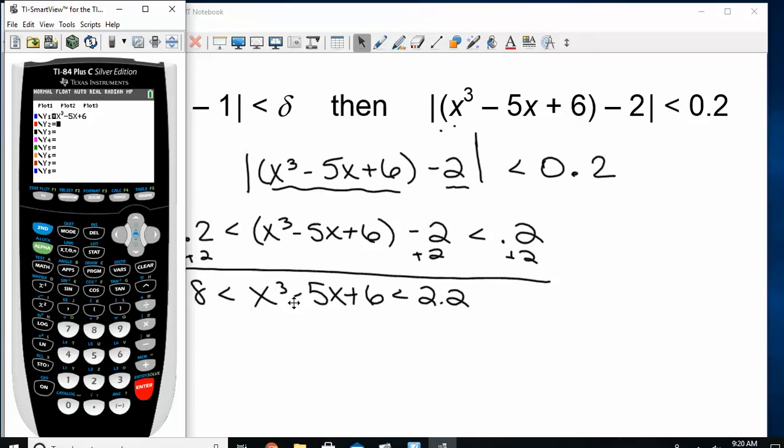I'm also going to make my y2 my 1.8. I'm going to make my y3 2.2. I'm going to hit zoom number 6 for a second so we're all looking at the same thing. So there is my cubic function.